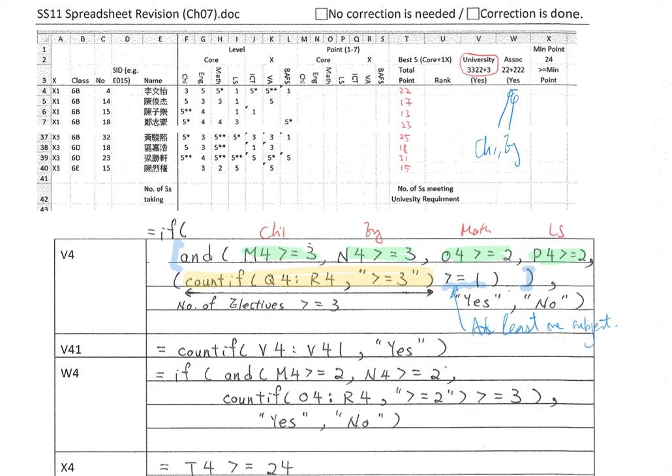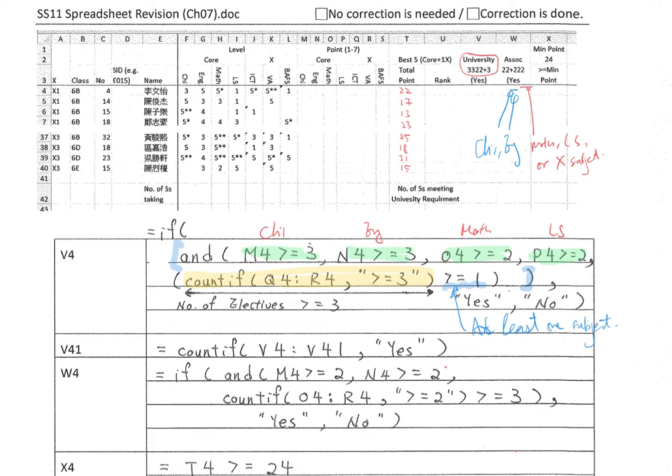They must get at least 2 for both subjects. And then the +222 means Math, LS, or the X subject. If he or she can get at least 3 subjects with 2, then they match the ASO requirement.